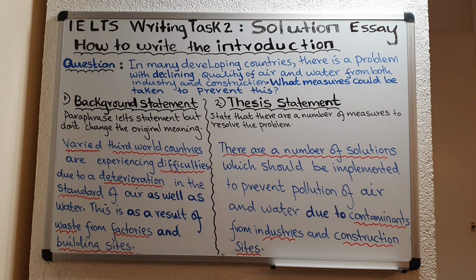Instead, you simply point out that there are a number of solutions which should be implemented to prevent pollution of air and water due to contaminants from industries and construction sites. Now, contaminants are the wastes, okay, from industries and construction sites. You have a lot of wastes that act as contaminants causing pollution of air and water. So in the thesis statement, all you have to do is say that there are a number of measures to resolve the problem.